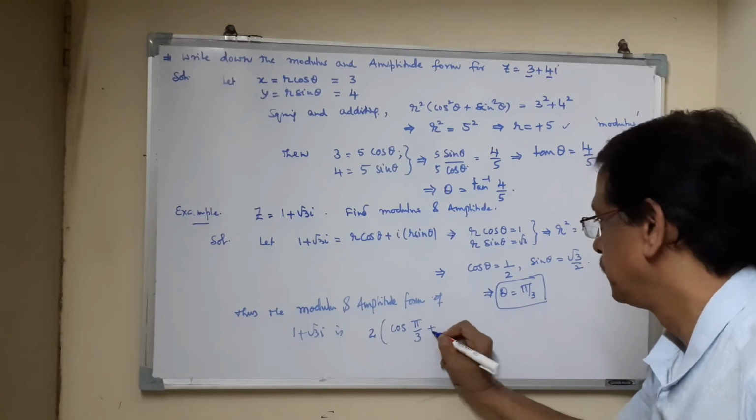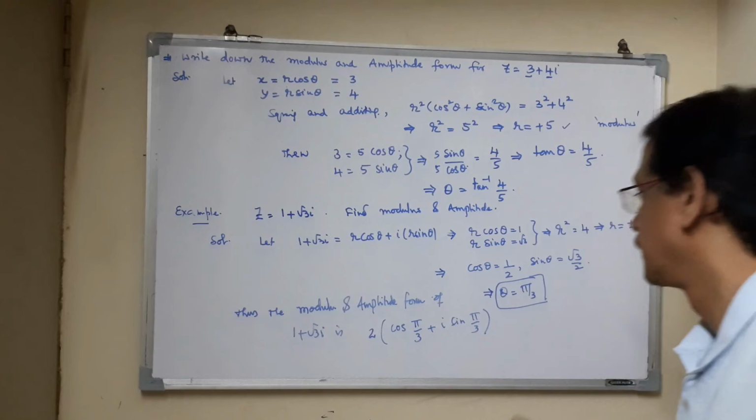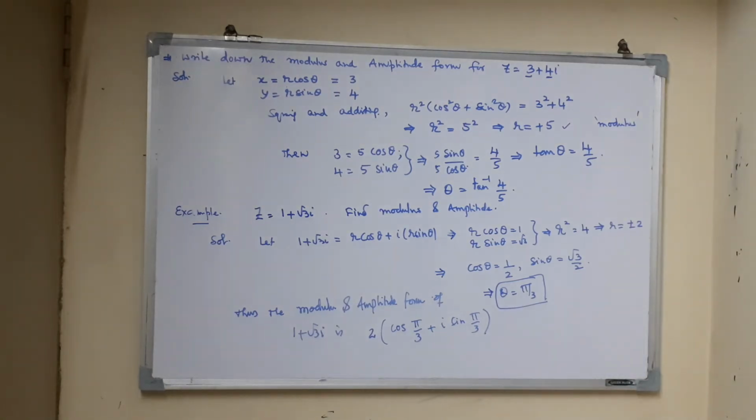Pi by 3, plus i times sin, what is theta? Pi by 3. So this is the modulus amplitude form.